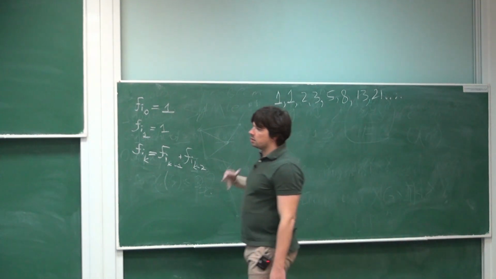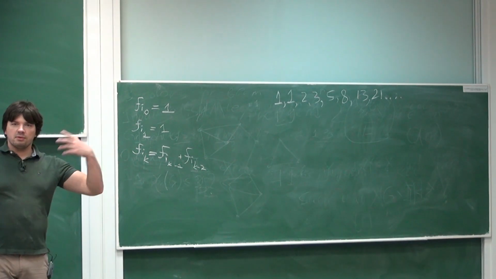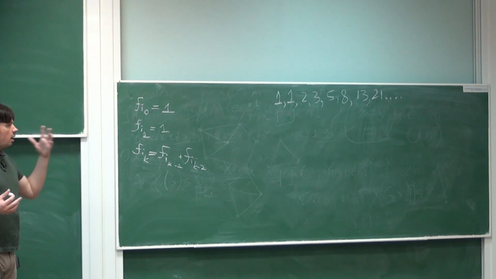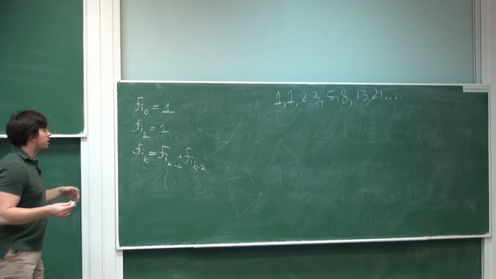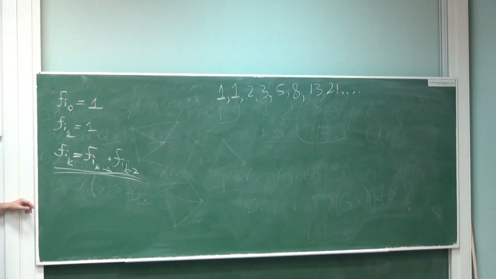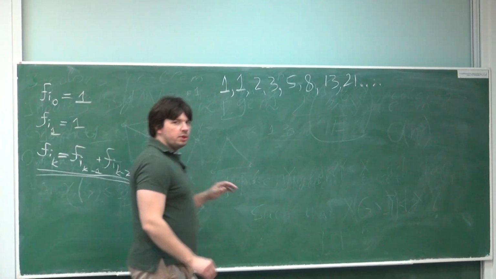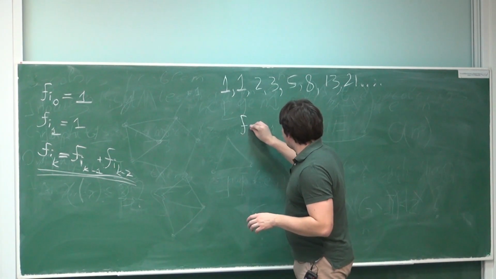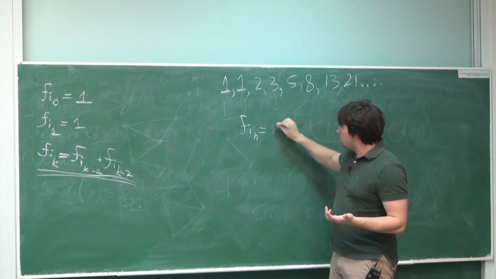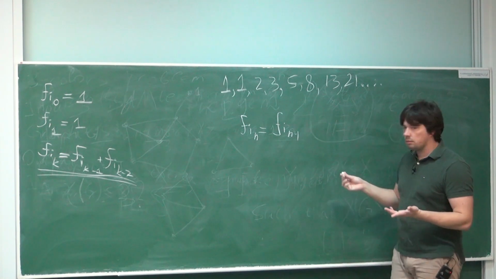So you can ask what is the nth Fibonacci number, right? So how would you do that? Well, clearly you have this definition, right? So to compute phi n, you need to compute phi n minus 1, right?